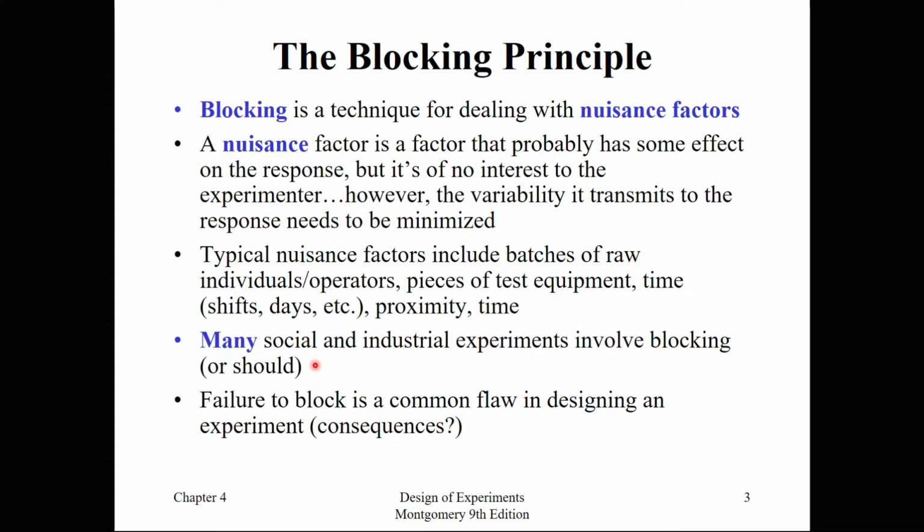So what's the consequence if you don't do blocking and you really should have? Well, we actually talked about that right at the beginning. The blocking factor and all of its variability gets added to the white noise, so that when you're trying to study your TV signal, the white noise in the signal is some degree stronger.